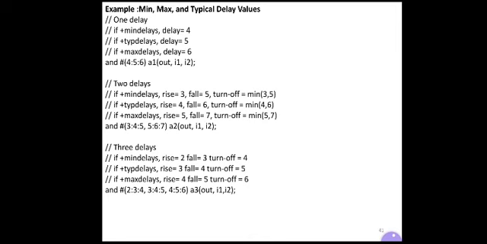Then here turn off delay is not specified. In this case the minimum value will be the turn off delay out of those three. So rise delay is 3, fall delay is 5, and turn off delay is the minimum of 3 or 5, it is the minimum value.